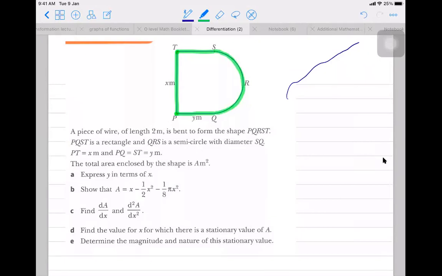PQST is a rectangle, and QRS is a semicircle with diameter SQ. The entire length of the wire was 2 meter. So if you're bending a 2 meter wire to form this shape, would you agree that the perimeter of this entire shape is going to be 2 meter?